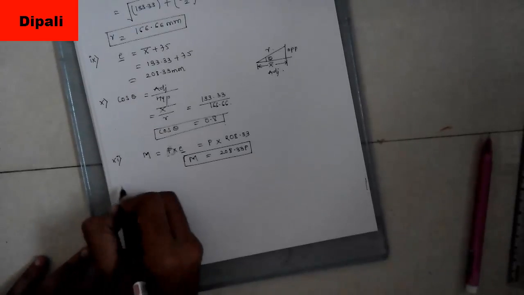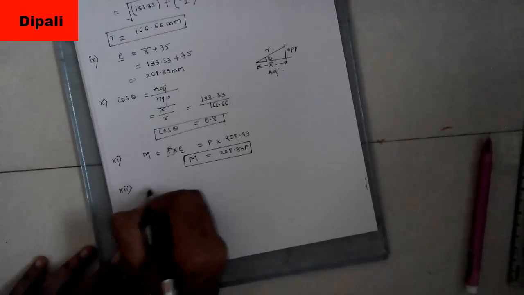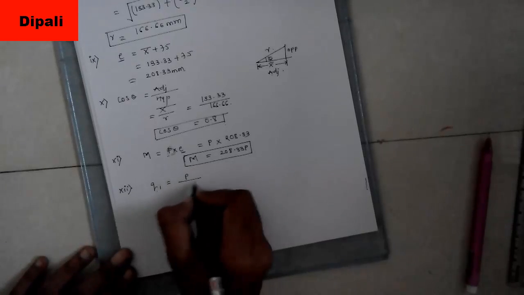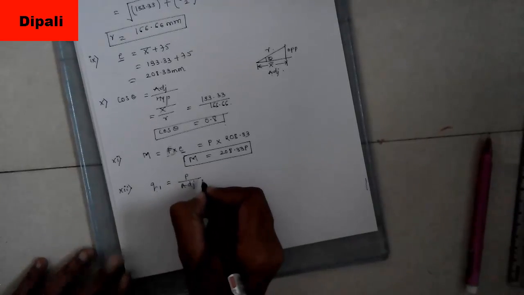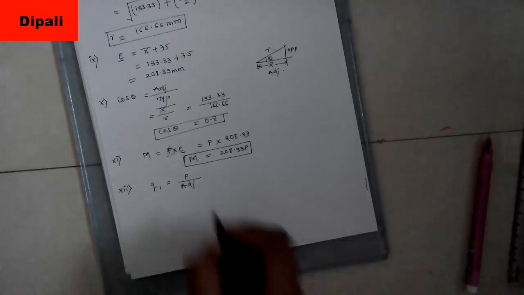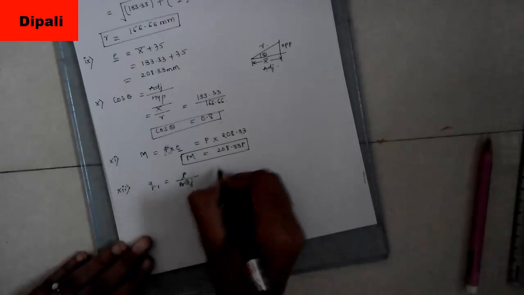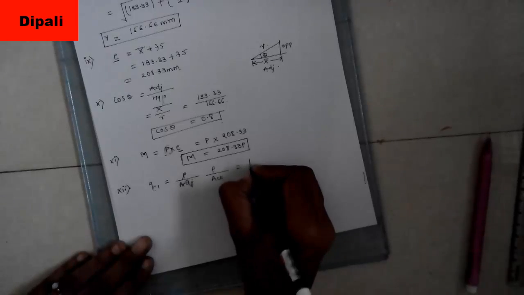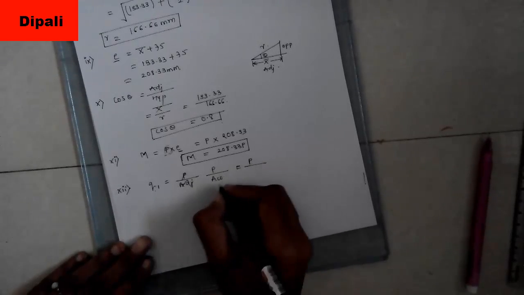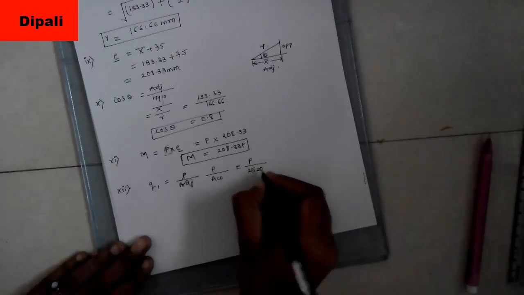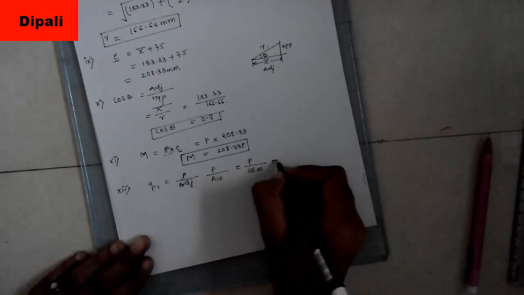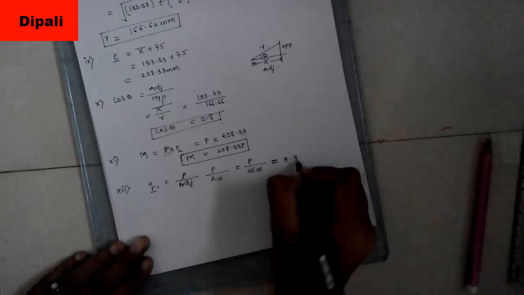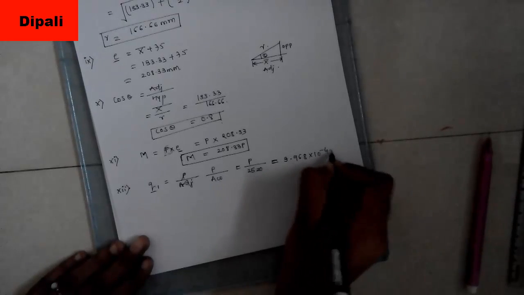After that the 12th step is direct shear stress, which is denoted by q1, that is q equals to P upon Aw. P we don't know, the value of Aw is 2520. Okay, in the form of P we have to calculate the q1 also: 3.968 into 10 to the power minus 4 P.